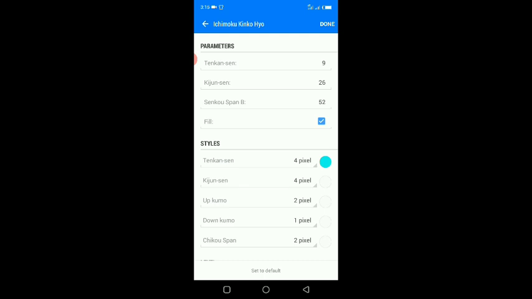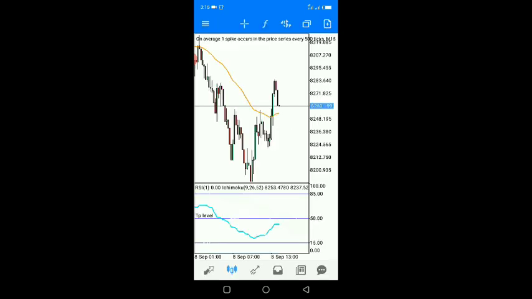So I think it's 9, Kijun-sen 26, 52, and the background color of these others, the Kijun-sen, Senkou Span up, Senkou Span down, and Chikou Span should all be white. Now if your background chart for your MT5 is black, you make them black, depending on your background chart color. So with that being said, we'll leave it like this and click on OK.